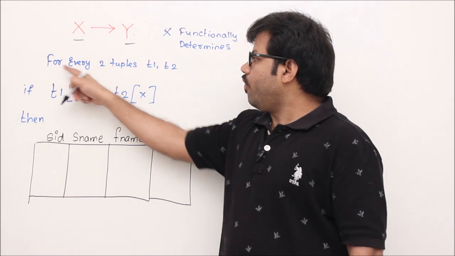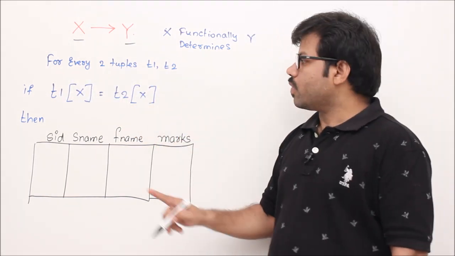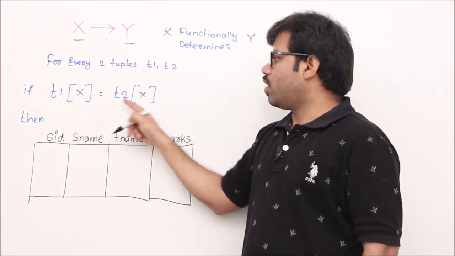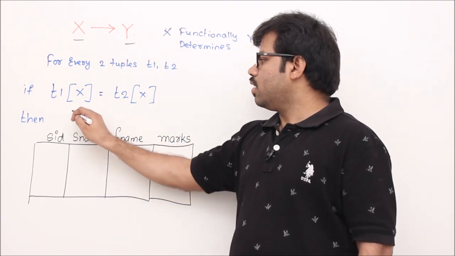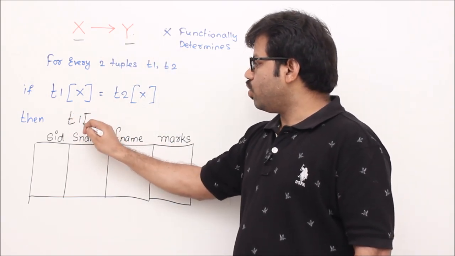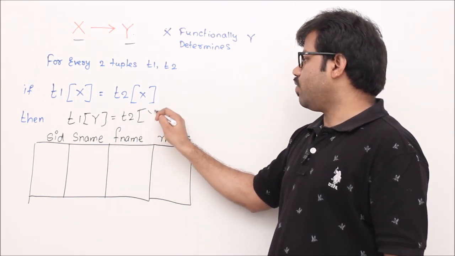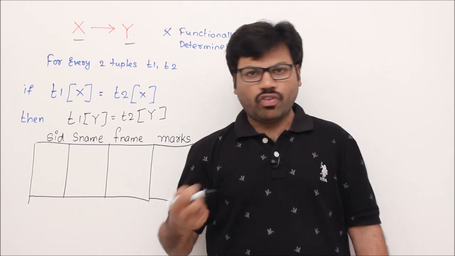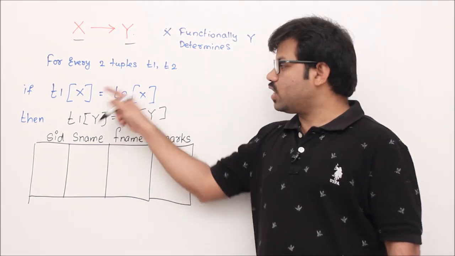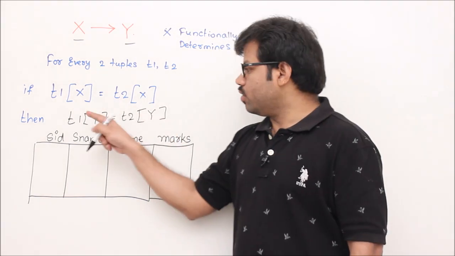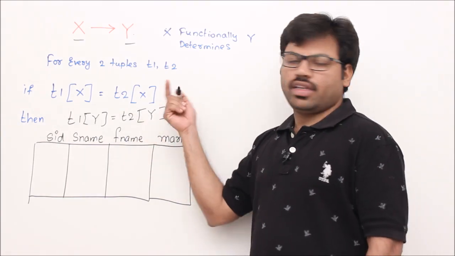Now, for every two tuples in the table, if tuple 1 of X equals tuple 2 of X, then tuple 1 of Y should be equal to tuple 2 of Y. Then we say X determines Y. So informally I say like this: when X values agree, the corresponding Y values should agree, that's it.